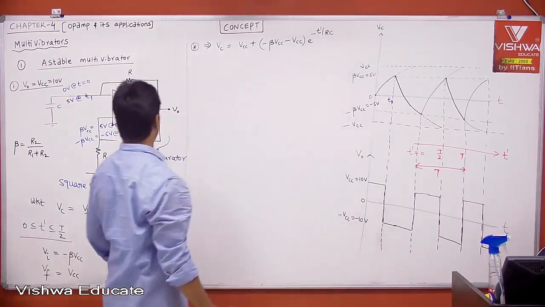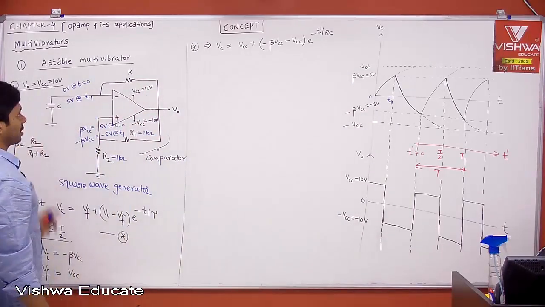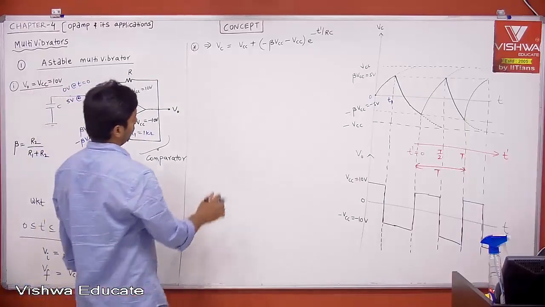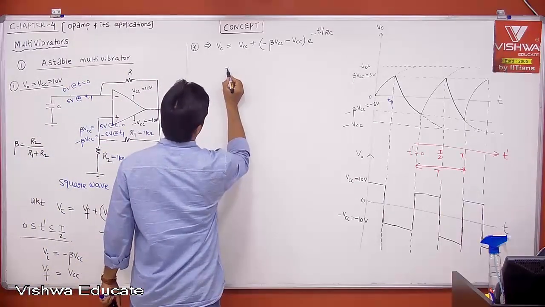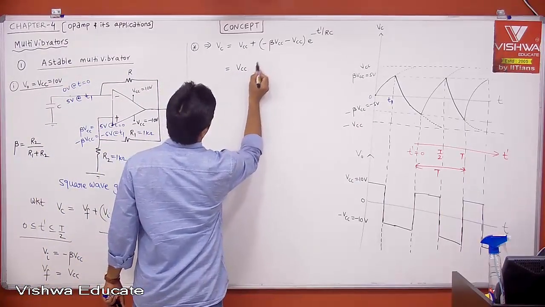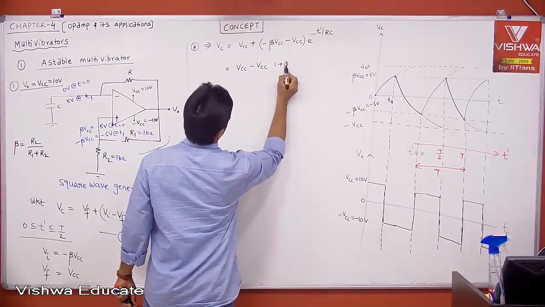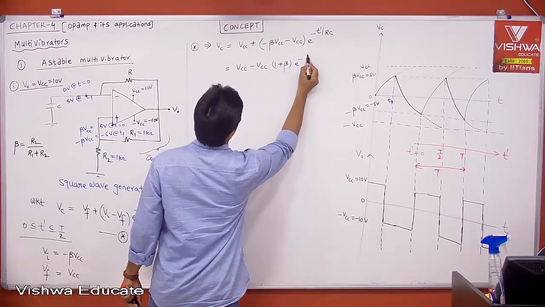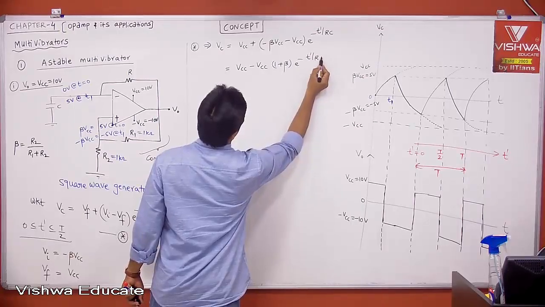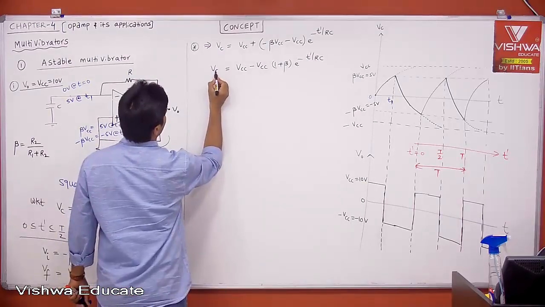What is tau? Tau is nothing but the time constant of your capacitor circuit. That is nothing but RC. Then if you take Vcc common, you will get Vcc minus Vcc into 1 plus beta into e to the power of minus t dash divided by RC. This is the voltage across the capacitor.